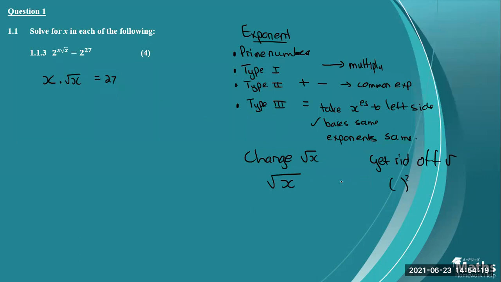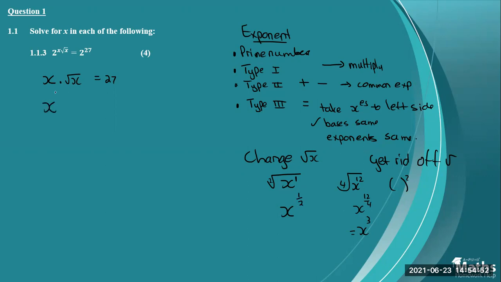For example, if it was a 4 square root of x to the power of 12, then you can divide the 12 with 4, then it will be 12 divided by 4, which will give you x to the power of 3. Now with this one, there's the invisible 2 in there, and the exponent of the x is 1. So I can change it by writing it as x to the power of 1 divided by 2.